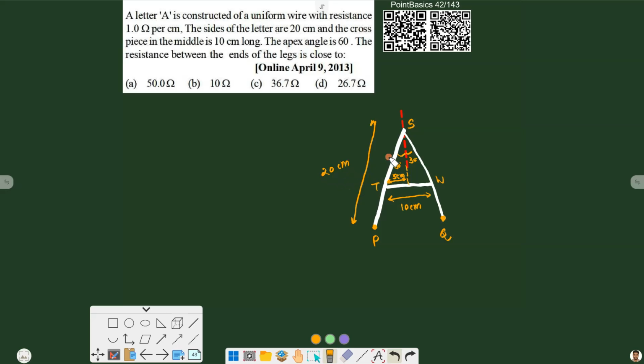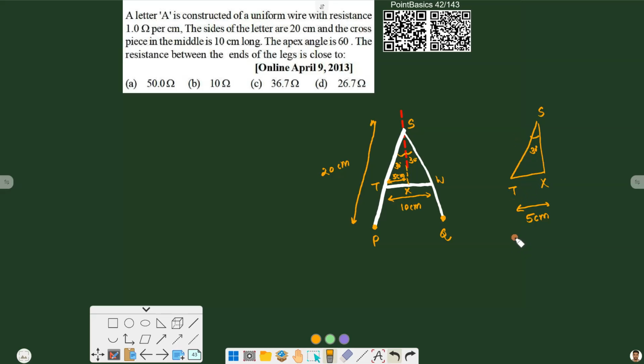Their individual lengths can be found as this is a triangle, suppose W, and we have used X. So we have a triangle something like this. This is point S, this is point X, and this is point T. This length is 5 centimeter and this angle is 30 degree.